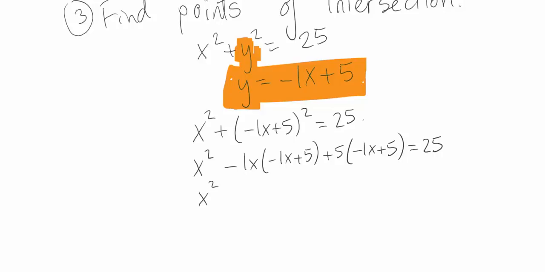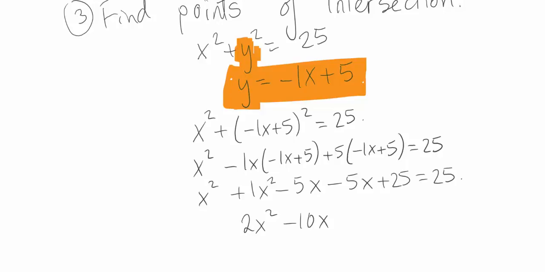Simplifying that down will give me 2x squared minus 10x plus 25 minus 25 is equal to 0, to give me 2x squared minus 10x is equal to 0.